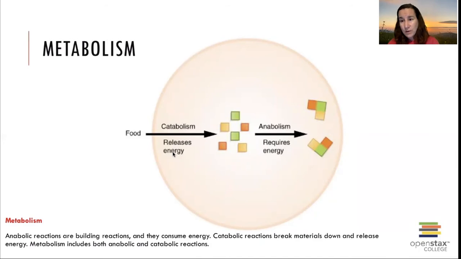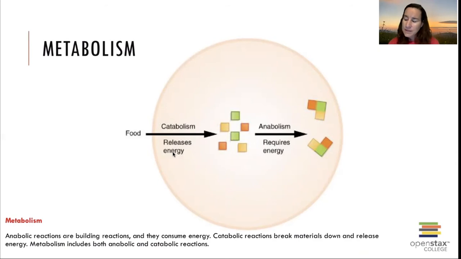You have to have a way to break that stuff down, and then you can build up other materials. So we're going to bring in glucose because we need sugar. We're going to break down that sugar, break those bonds, and create different molecules using the energy harvested from breaking the bonds in glucose. And we're going to transform that energy into something else, and we're going to harvest that energy as ATP.